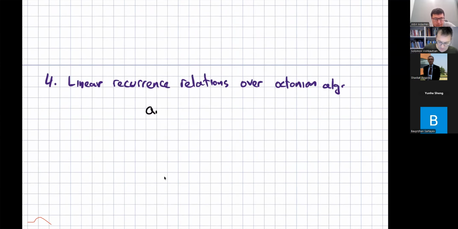So I remind you that a linear recurrence is basically a recursive way to define a sequence. And so this is basically a general homogeneous linear recurrence over the Octonions. So we have alpha, beta in some Octonion division algebra.